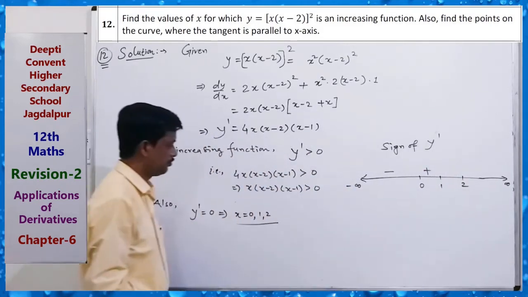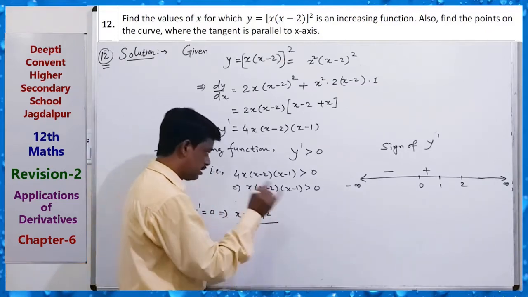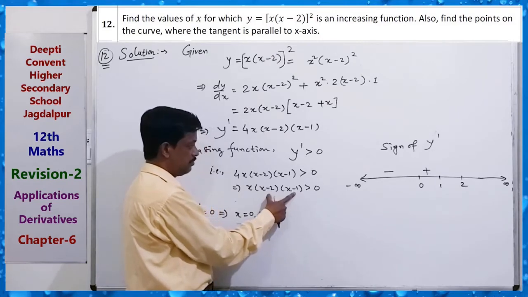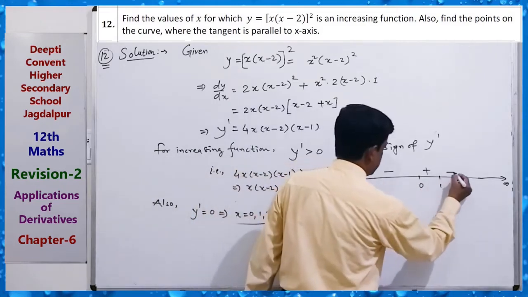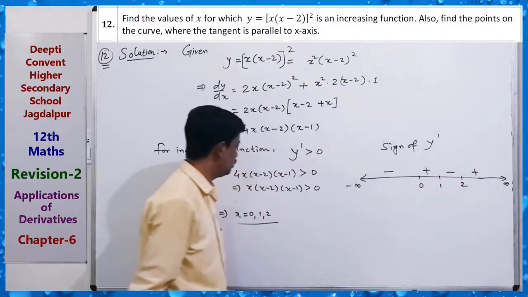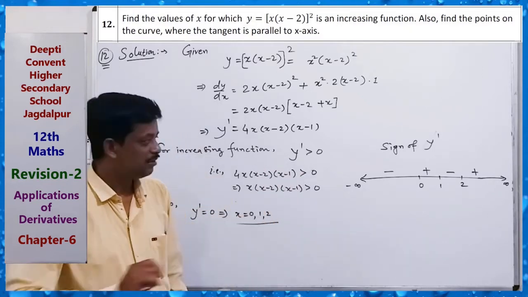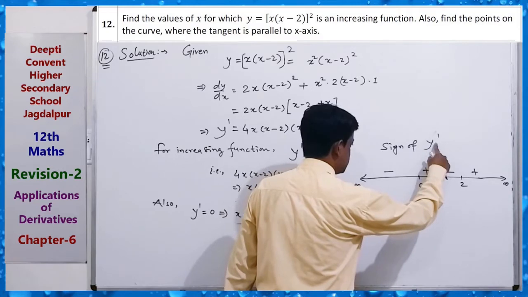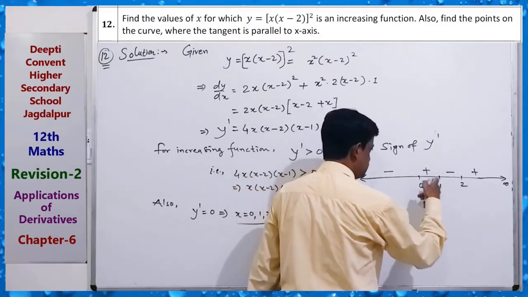Similarly for 1 to 2, x is less than 2 but greater than 1. Greater than 1 means this is positive, this is negative, this is positive, so negative. Greater than 2, positive, positive, positive. So this will be the sign of y dash. Negative means decreasing, decreasing, increasing, increasing.